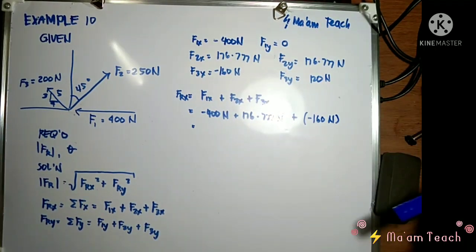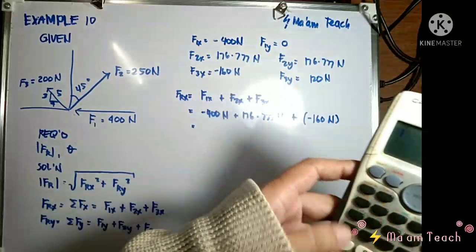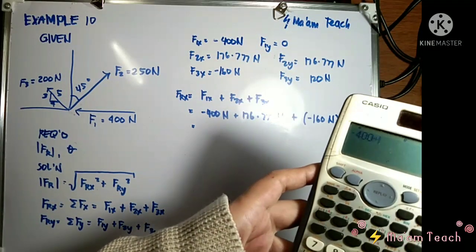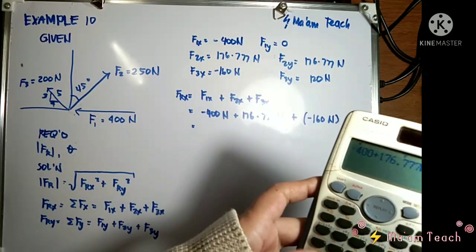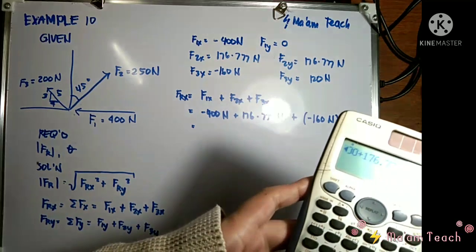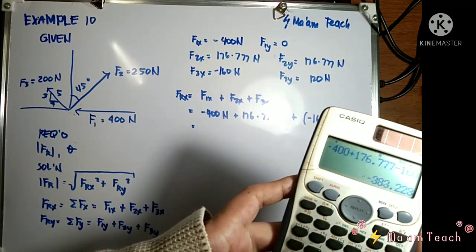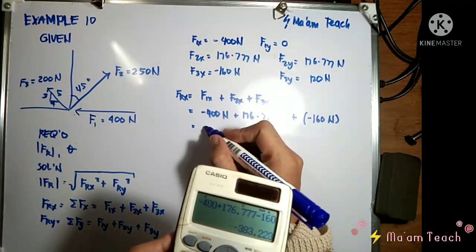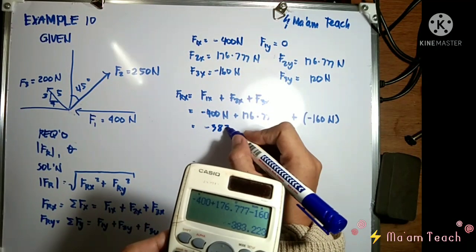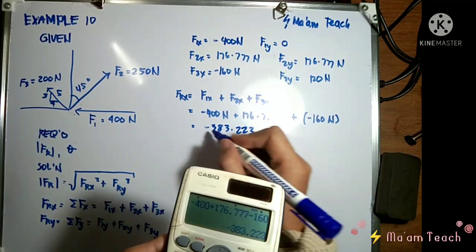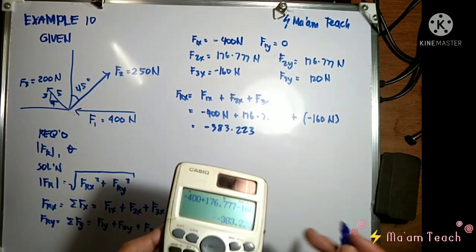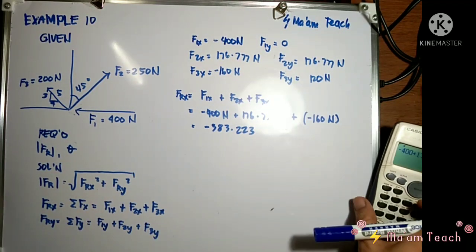So therefore, we have negative 400 plus 176.77 minus 160. There. Okay. So we have negative 383.223. Okay. Negative 383.223.